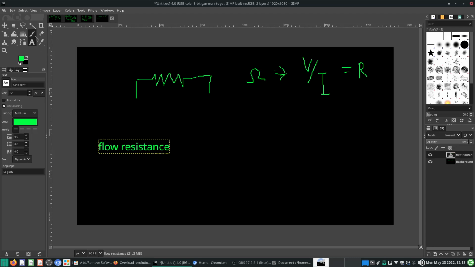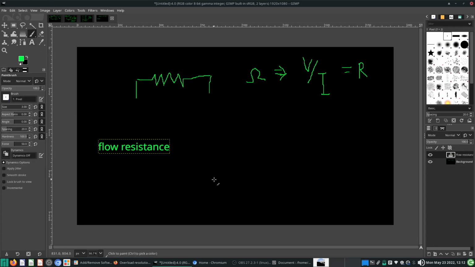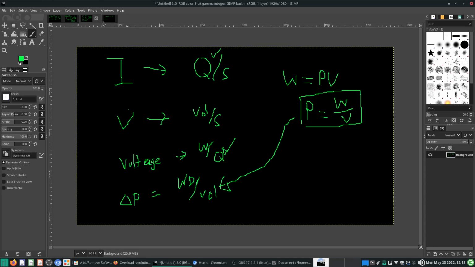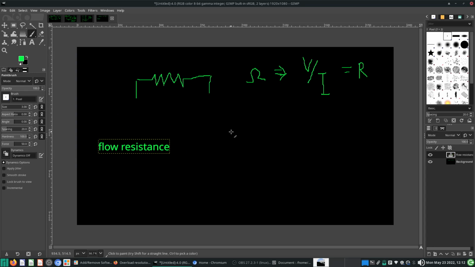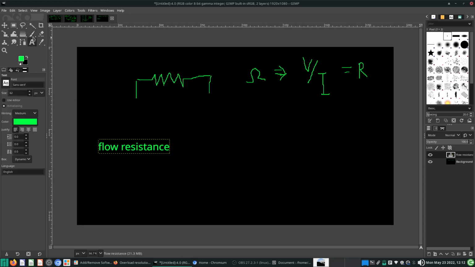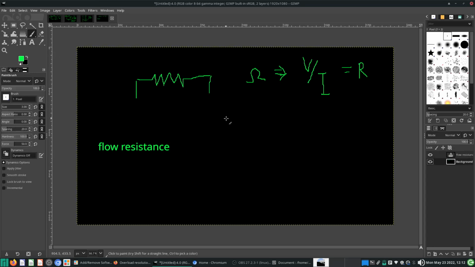Flow resistance will not work out like that. Why? Because if you try to take this analogy all the way through, you will notice that if you have this equation set up, delta P over what?